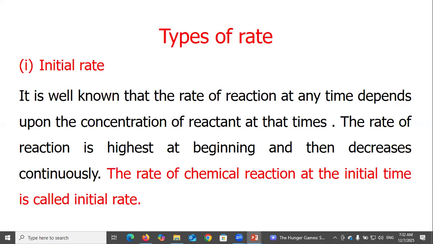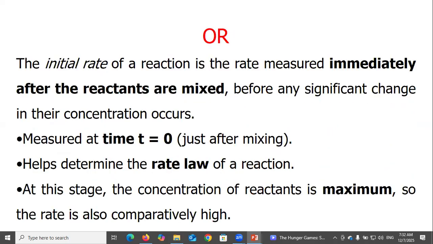The rate of chemical reaction at the initial time is called initial rate, or the initial rate of reaction is the rate measured immediately after the reactants are mixed, before any significant change in their concentration occurs. Measured at time t equals 0 just after mixing, it helps determine the rate law of the reaction. At this stage, the concentration of reactants is maximum, so the rate is also comparatively high.